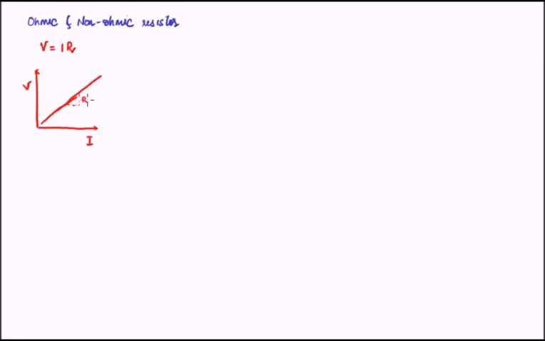Since this is a straight line, whether we measure R the slope here or we measure R the slope here, they would be the same. So this was representation of Ohm's law.